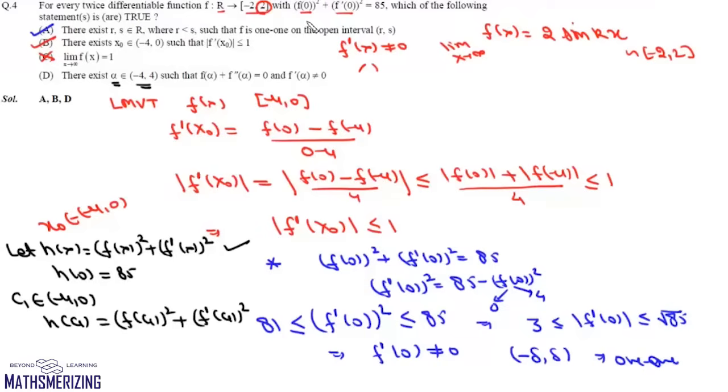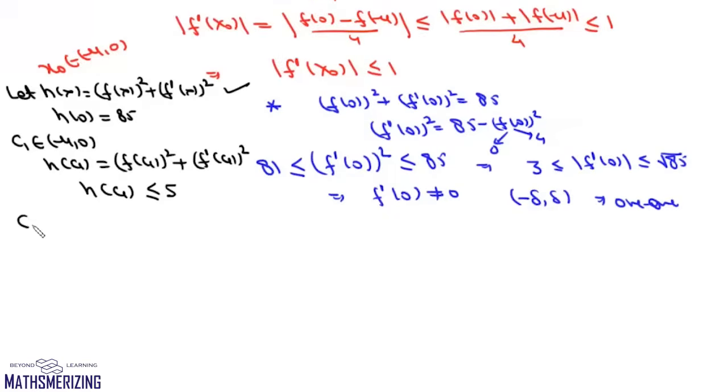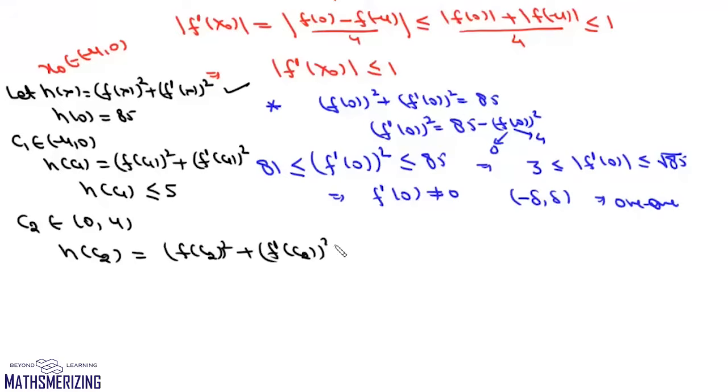Now maximum value of f(c1) can be 4, and there exists a point c1 such that this f dash c1 is less than or equal to 1. So this h(c1) will be less than or equal to 5. Now in the same way, we can choose a point c2 in the interval 0 to 4 such that h(c2) is f(c2) square plus f dash c2 square, which is less than or equal to 5.